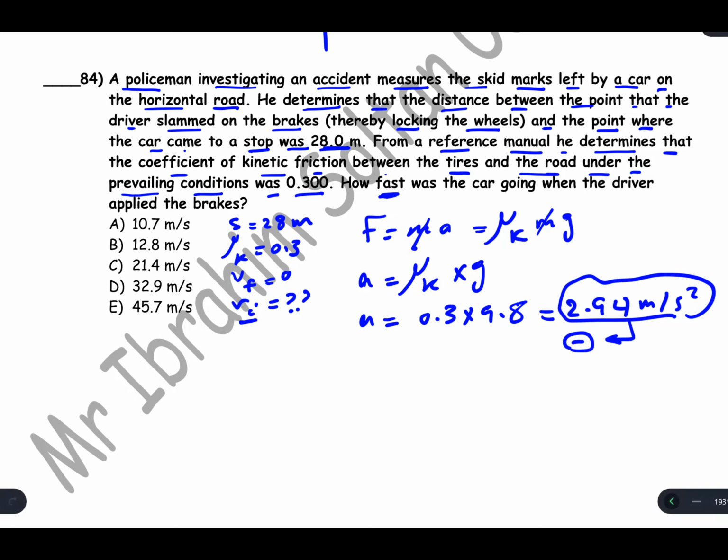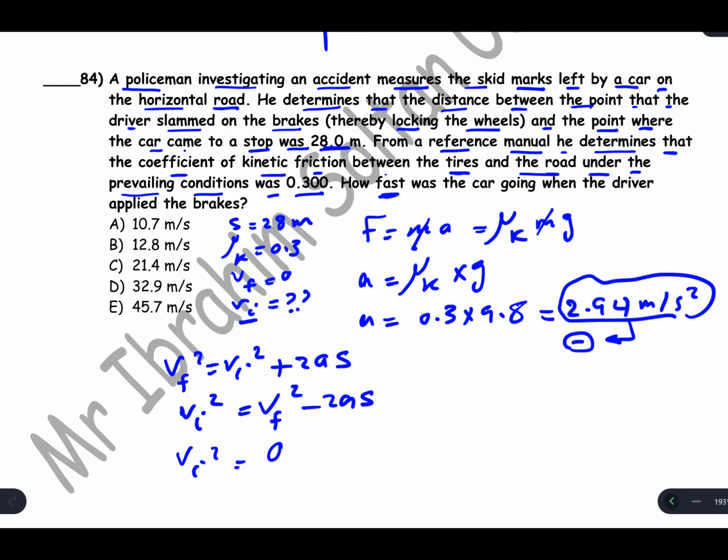So to calculate the initial velocity, you know well that V final square equals V initial square plus 2AS. So V initial square equals V final square minus 2AS. V initial square equals V final 0 minus 2 times the acceleration, negative 2.94, times the displacement, 28 meters.